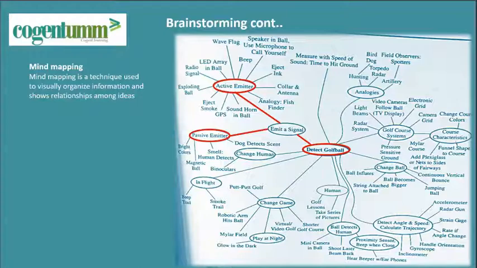Active emitters are radio signals, exploding balls, ejecting smoke, GPS, sound horn in the ball, and so on. And the passive emitters are bright colored ball, magnetic ball, smell to human, smell to the dog. In this way, we have to categorize the different ideas and connect these ideas with the problem statement. By mapping, it is easy to visualize the different solutions.